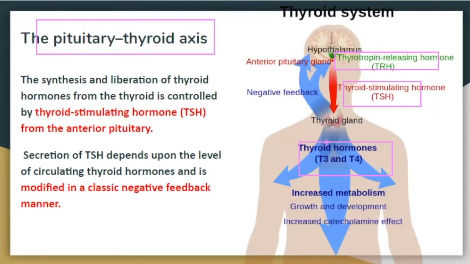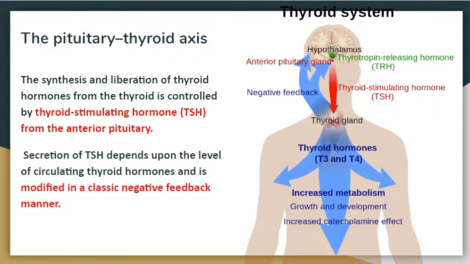Now the first step in this is the hypothalamus. It secretes the thyrotropin releasing hormone, which acts on the anterior pituitary to secrete the thyroid stimulating hormone.